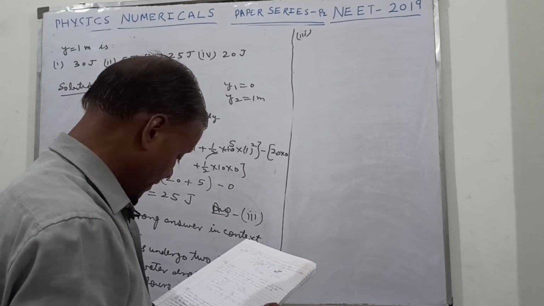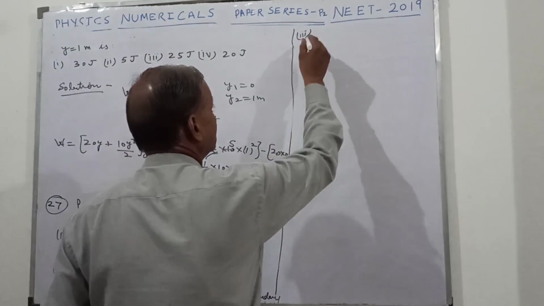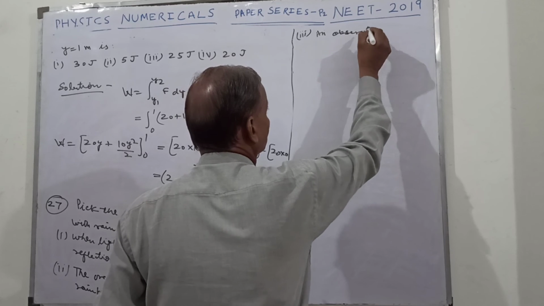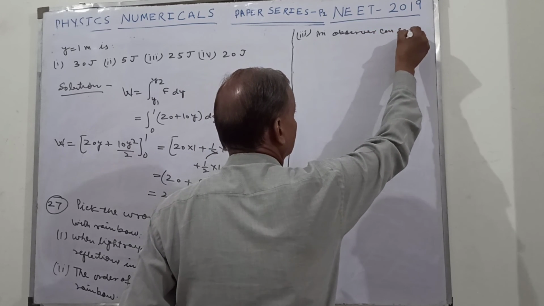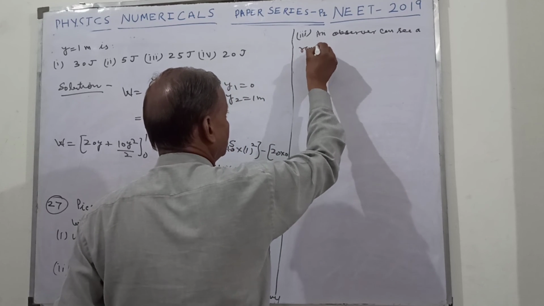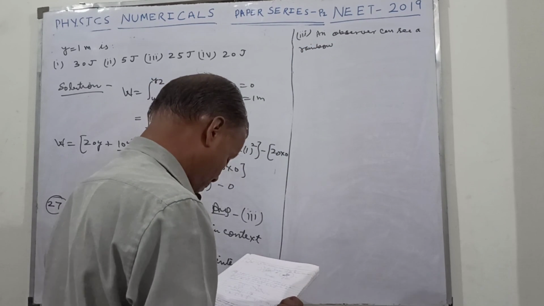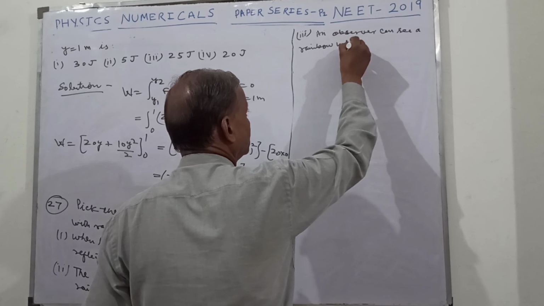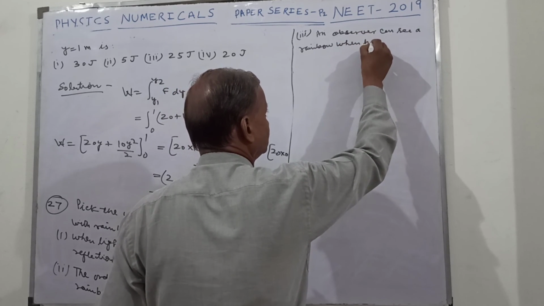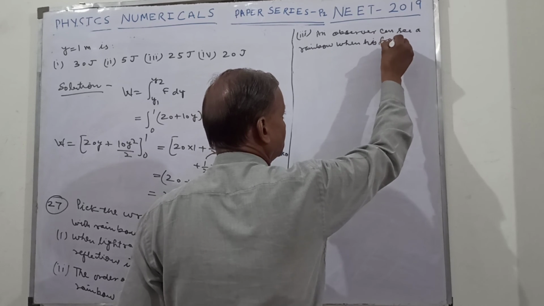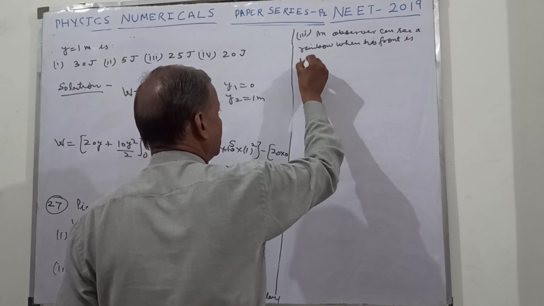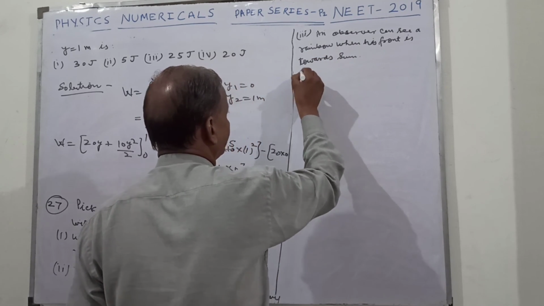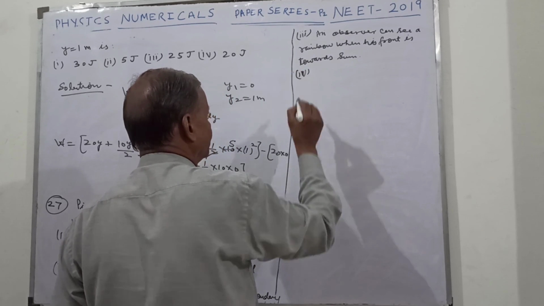In option third, an observer can see a rainbow when his front is towards sun. And now fourth option.